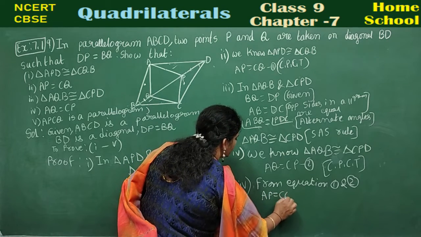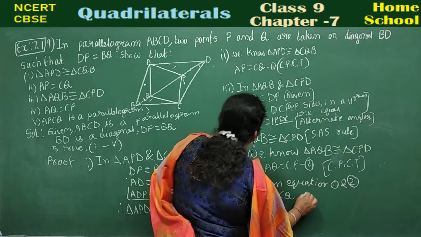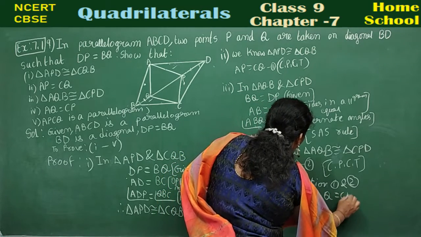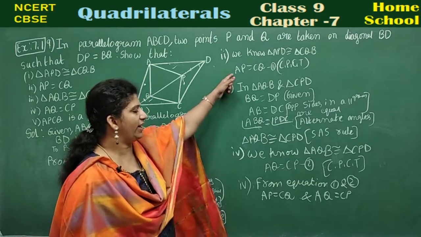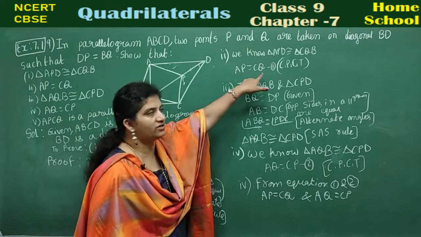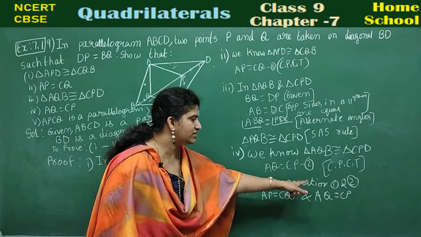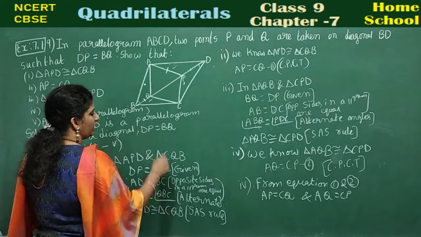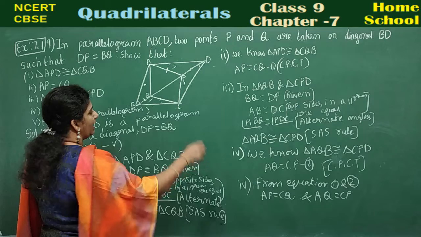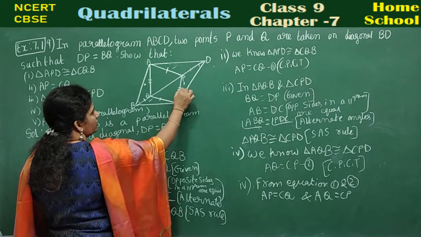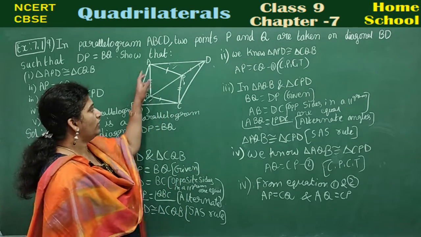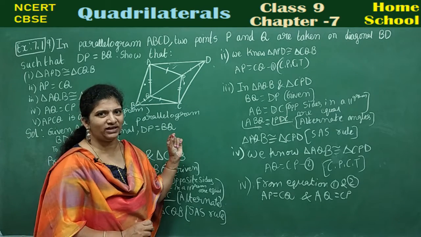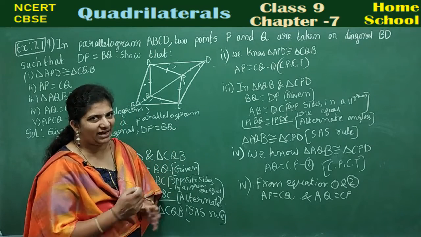AP is equal to CQ and AQ is equal to CP. Observe here, AP is equal to CQ and AQ is equal to CP. So, in a quadrilateral, if opposite sides are equal, then it becomes a parallelogram.